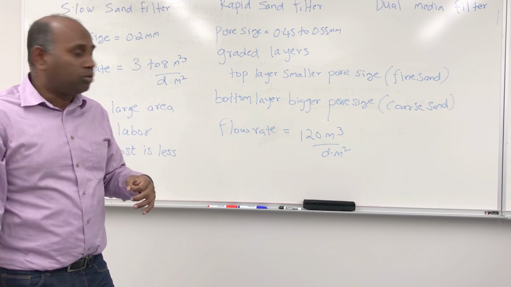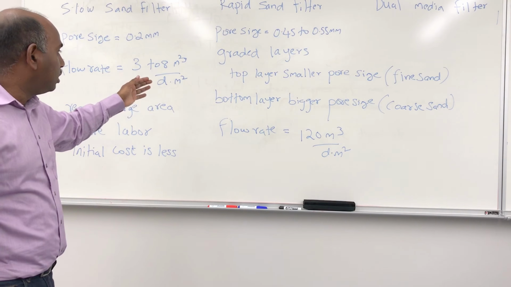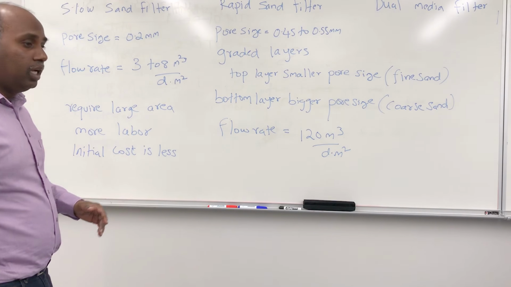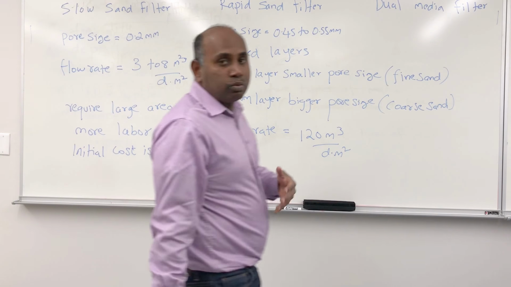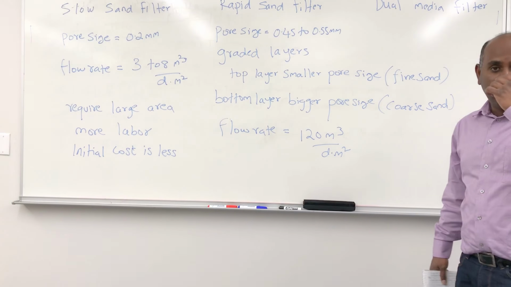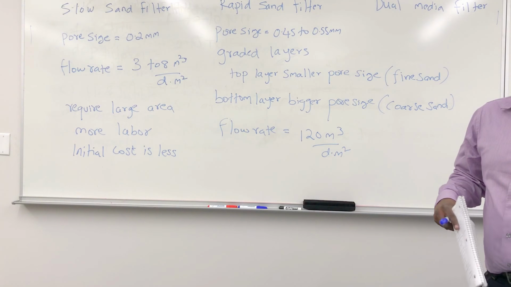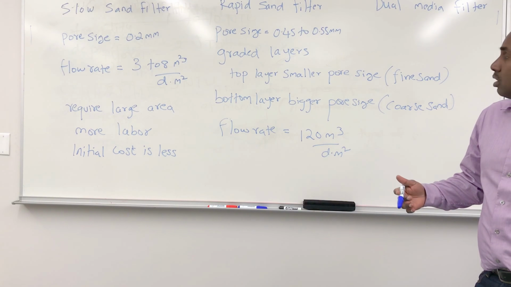Because of that, it can only treat about 3 to 8 meter cube per day per meter square. Because it can treat only small volume of water, it needs a large area, more labor, but it initially costs less. Now, as the water demand increased, we needed a faster process.